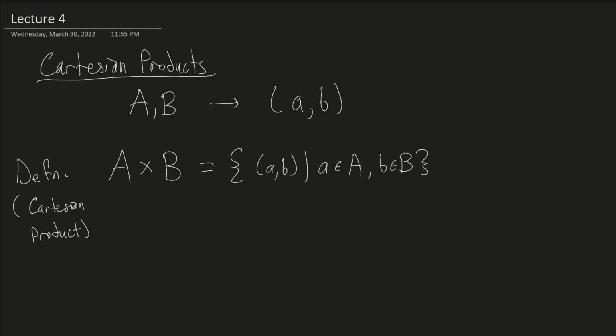Okay, simple enough. Why might this ever be useful? Well, if you think back to these pretty simple counting problems that you learned about in middle school, something like: if Alyssa has 3 jeans and 5 shirts, how many unique outfits can she make?